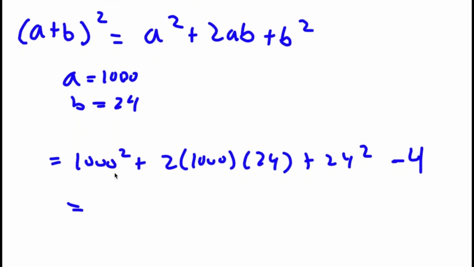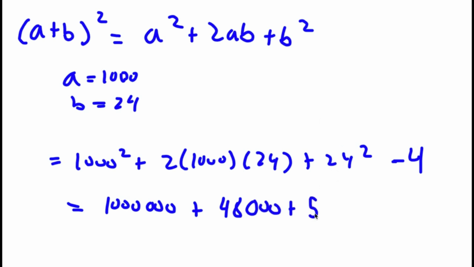Now 1000 squared is equal to 1 million. 2 times 1000 is 2000. 2000 times 24 is going to be 48,000. Now 24 squared, that's going to equal 576. So I have 576 minus 4.